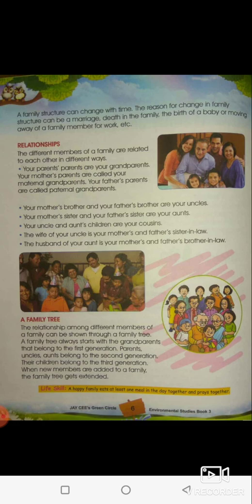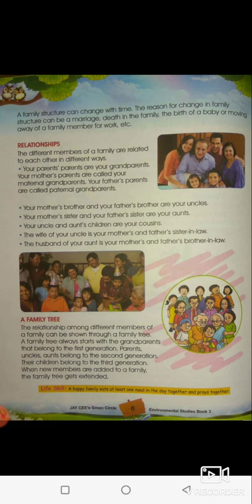Your father's side, your father's parents are called paternal grandparents. So these two different grandparents you should know. From your mother's side maternal, from your father's side paternal grandparents.